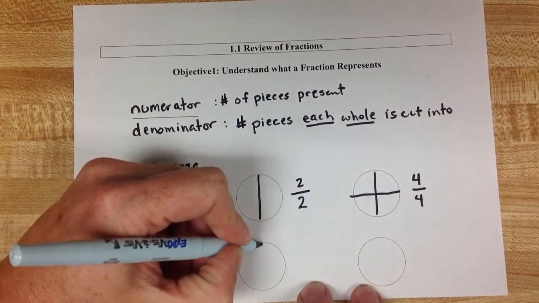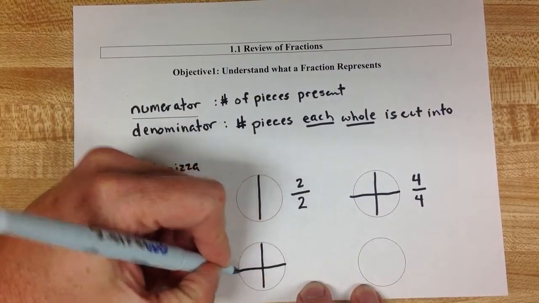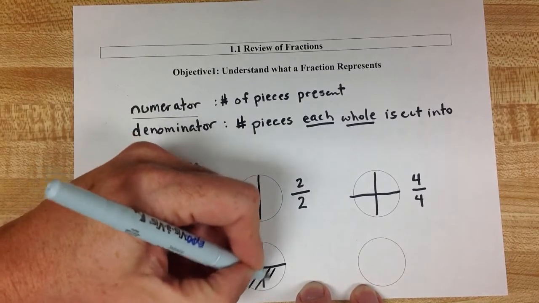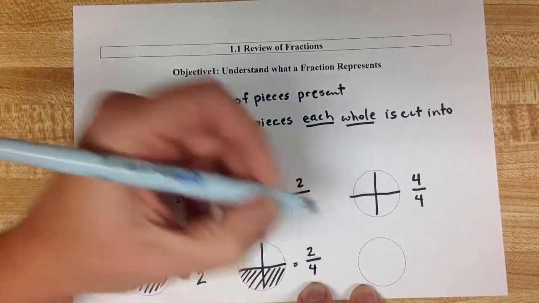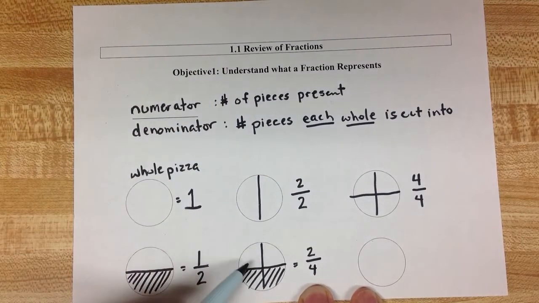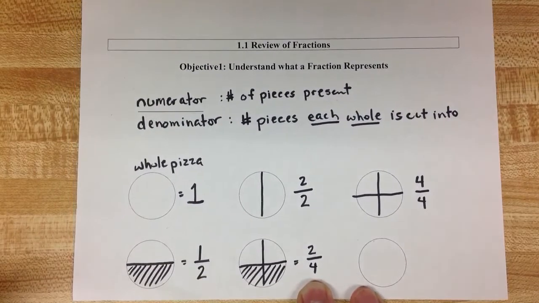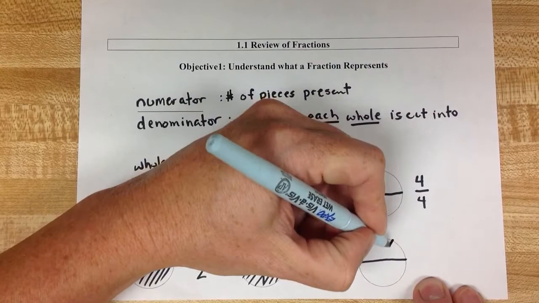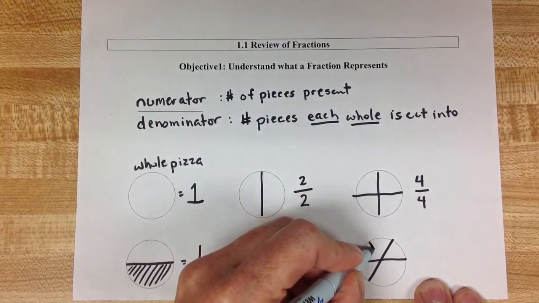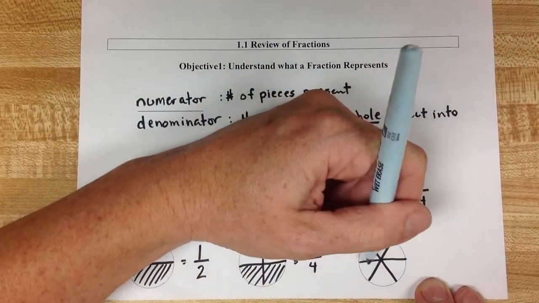That same pizza, half of a pizza, cut into 2 pieces, would be 4 pieces in the original pizza, only 2 of them still present. And if I wanted to get really fancy, I could cut this pizza into 6 slices.